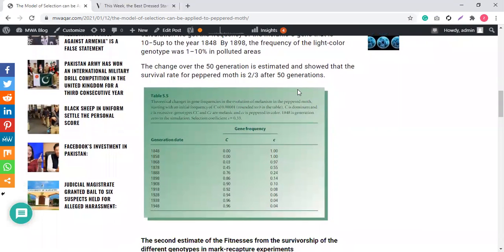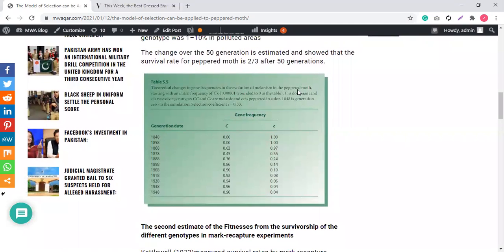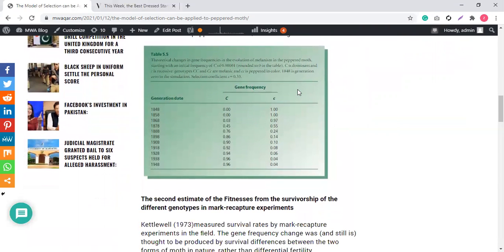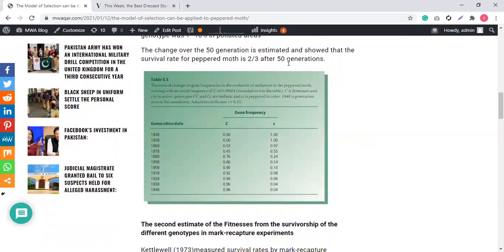The change over the 50 generations is estimated and showed that the survival rate for the peppered moth is 2 by third after 50 generations. In the beginning it was dominant, but after that, how much survival rate does it have? It has 2 by third survival rate after 50 generations.